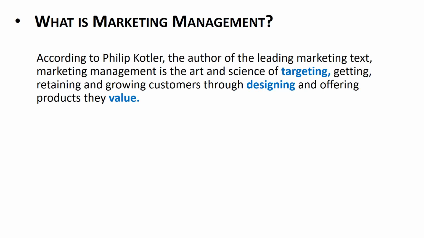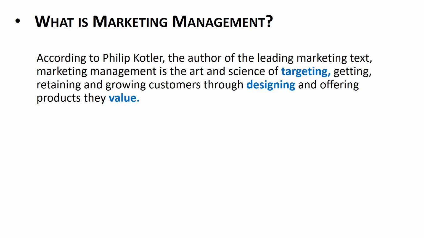So marketing management is the art and science. We do a lot of empirical studies and see what works, and then we build theories. So there's a science involved, but still there's also an art of how you do it. Marketing management is the art and science of targeting, getting, retaining, and growing customers through designing and offering products or services they value.